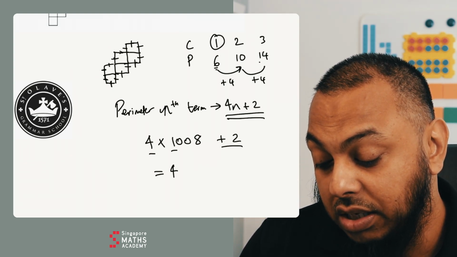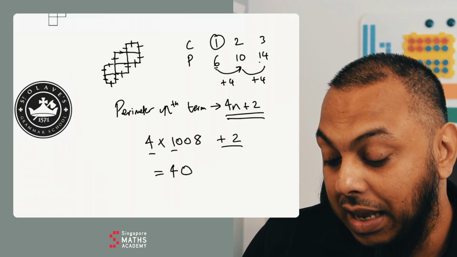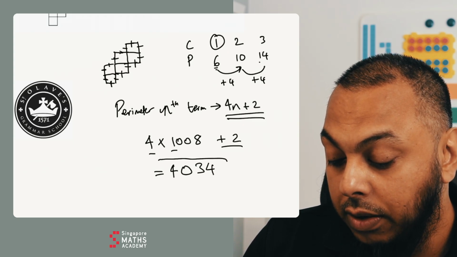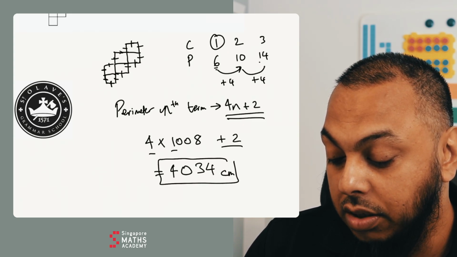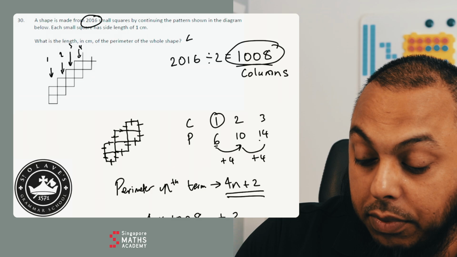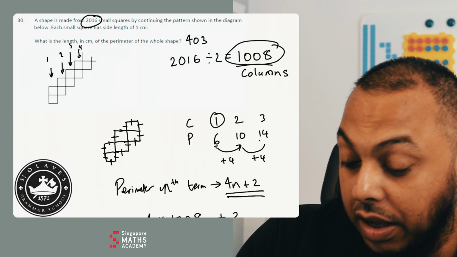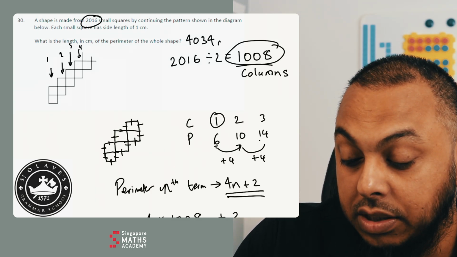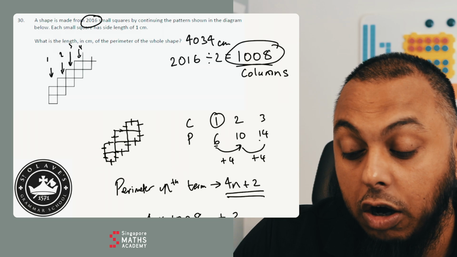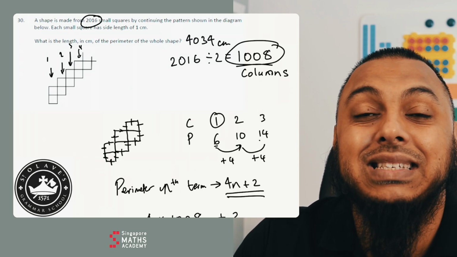Plus the 2 is 34. So 4034 centimeters is the perimeter of the shape that has 2016 squares.